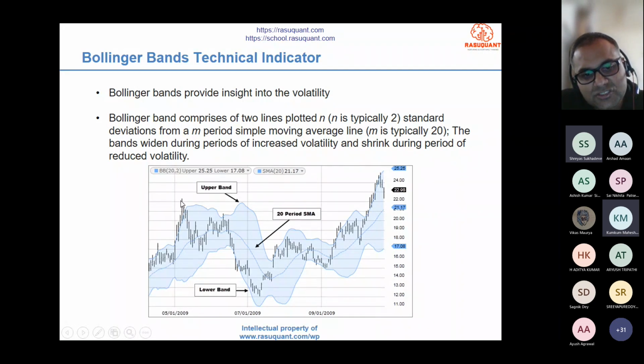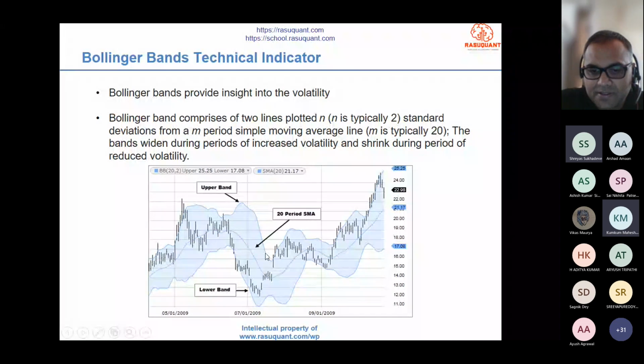This is a signal that the stock will go down, and you can see that this is exactly what happened. When the breach happened, after that, the stock went down. Likewise, whenever there is a breach on the lower band, it's an indication that the stock might go up. And more often than not, when that happens, the stock rebounds. So this is one technical indicator.